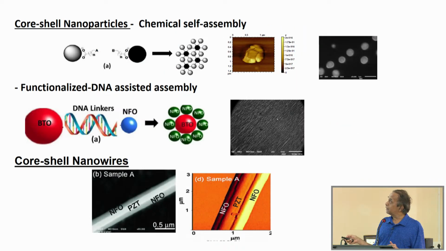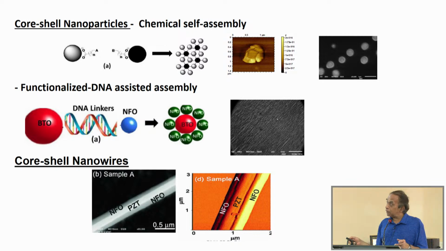So the coarser nanoparticles were assembled chemically by attaching two complementary coupling groups. You attach one group to the ferrite, the other group to the ferroelectric, then bring them together in the presence of a catalyst, and they form coarser structure. In the second one, with the DNA assisted assembly, as you know, the DNA has a helical structure.